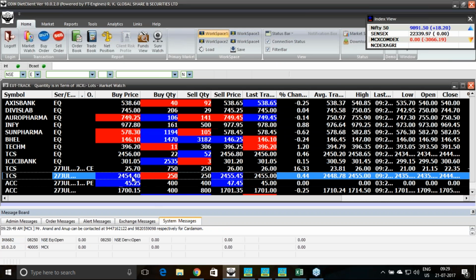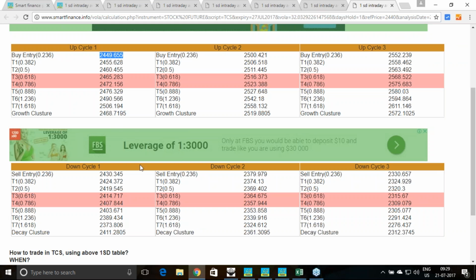Currently it is 2454. So 2454 is in between 0.38 and 0.236. What should we do? Now the price is between these two levels, TCS future. What should we do?